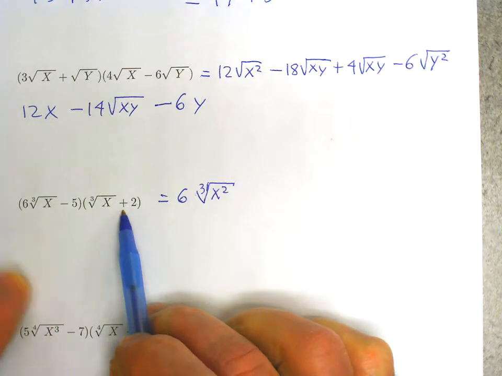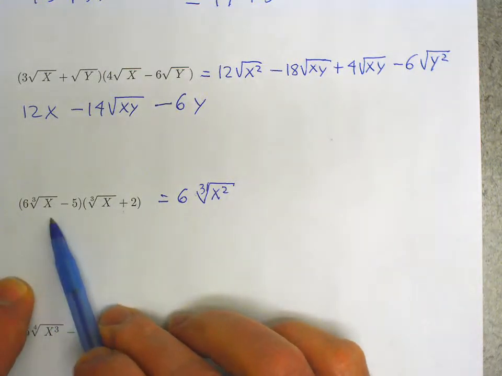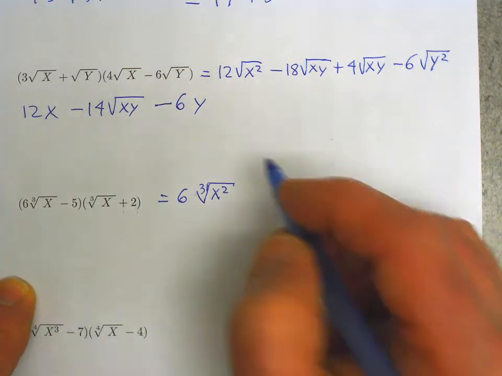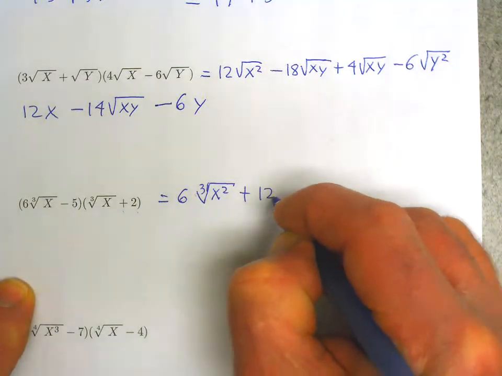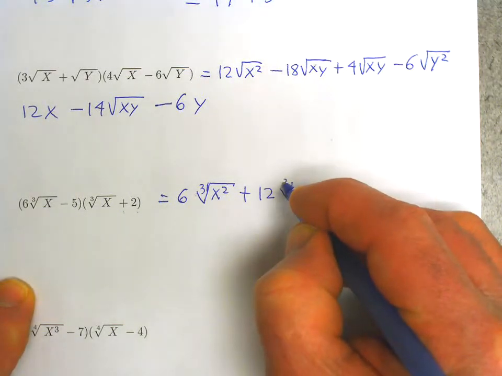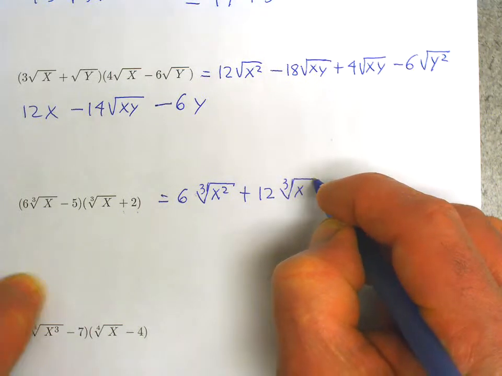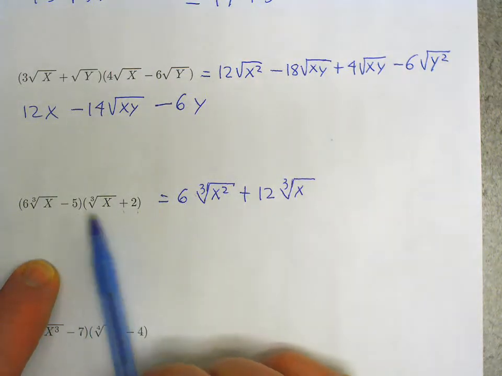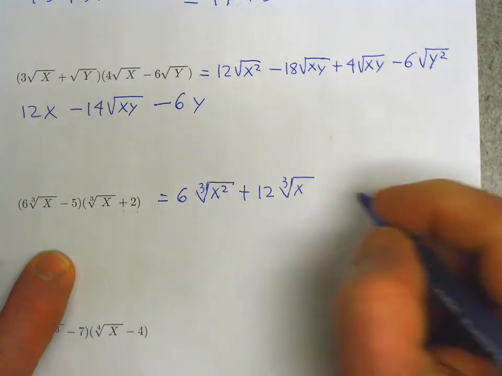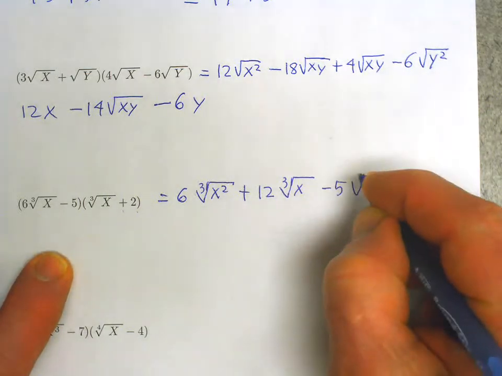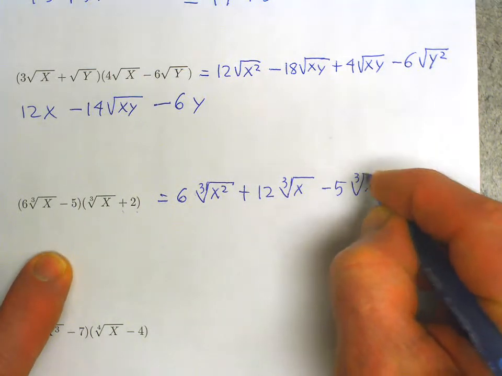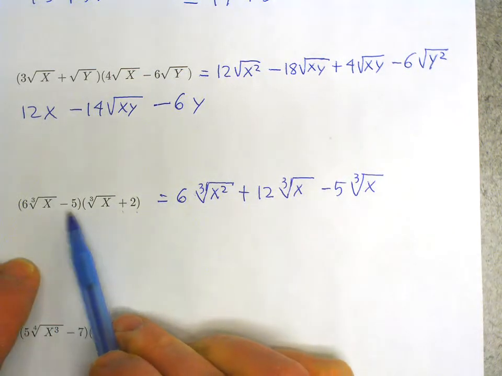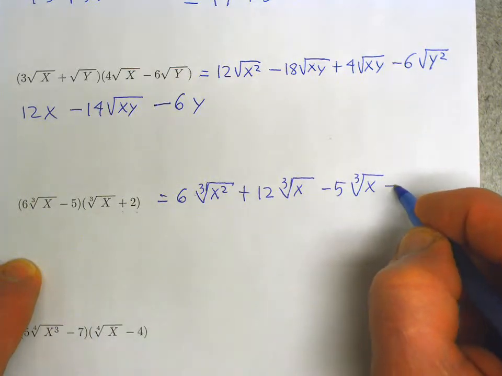Then we're going to add 6 times the cubed root of x times 2, or plus 12 times the cubed root of x. And then minus 5 times the cubed root of x is minus 5 times the cubed root of x. And finally, minus 5 times 2 is just minus 10.